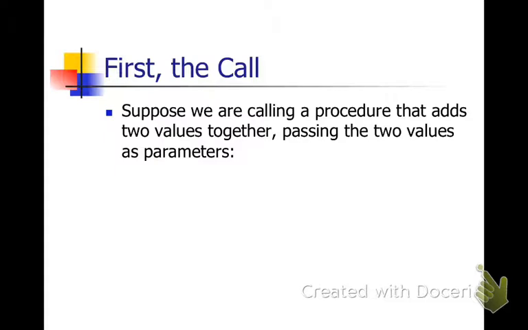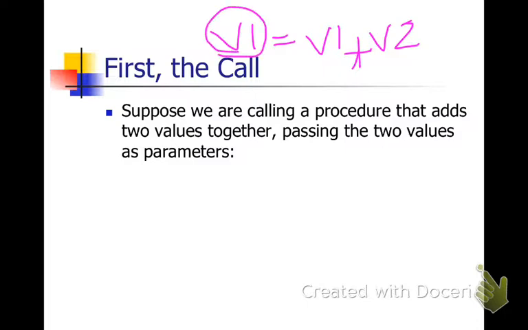So what I want to do here, we're calling a procedure that adds two values together, passing the two values as parameters. So we're passing value 1 and value 2. But what I want to do actually is execute it this way. I'm going to pass value 1 as a reference parameter. That way I can store the results in value 1.